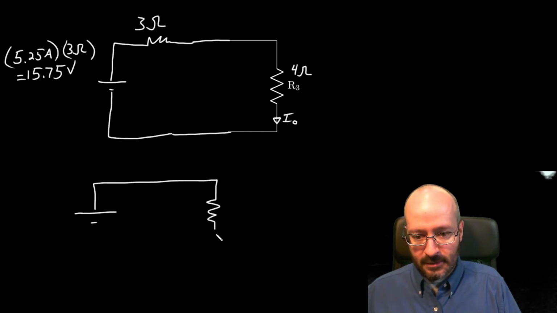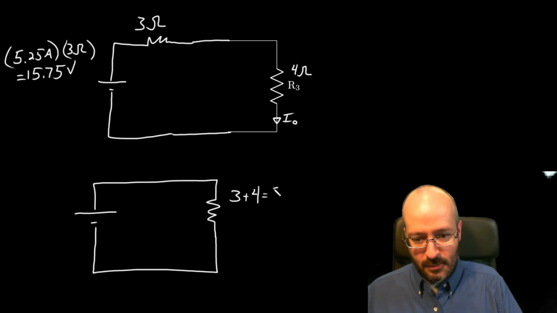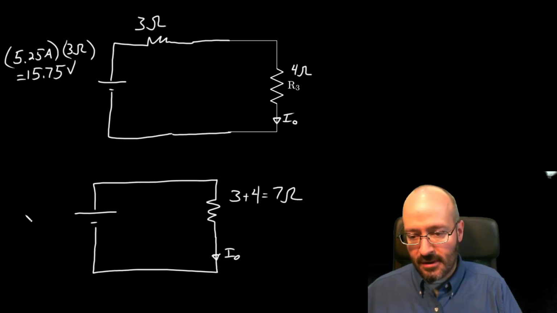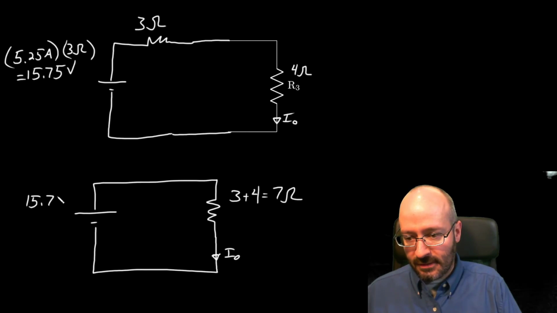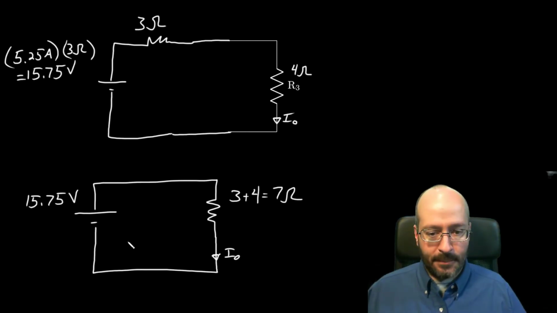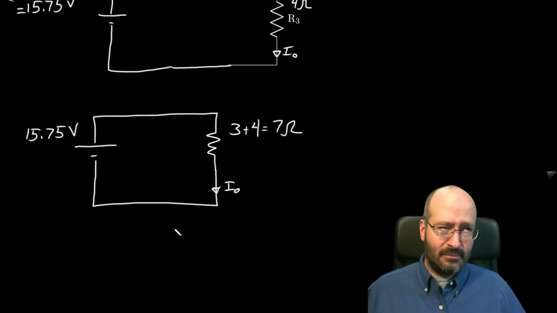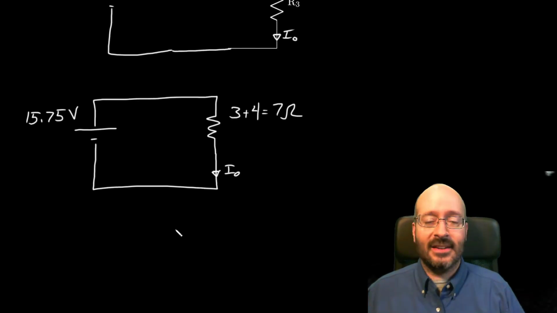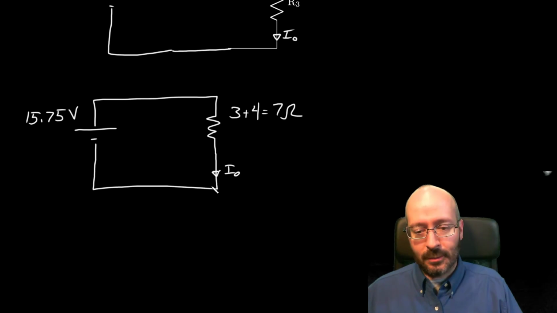We get something that looks like this. Right, here's 3 plus 4 equals 7 ohms, and I out is still correctly labeled here, and we've got 15.75 volts there. Okay, and I think I said it either at the beginning of this video or the end of the last, I'm going to try to do this until I get it down to an Ohm's law problem.